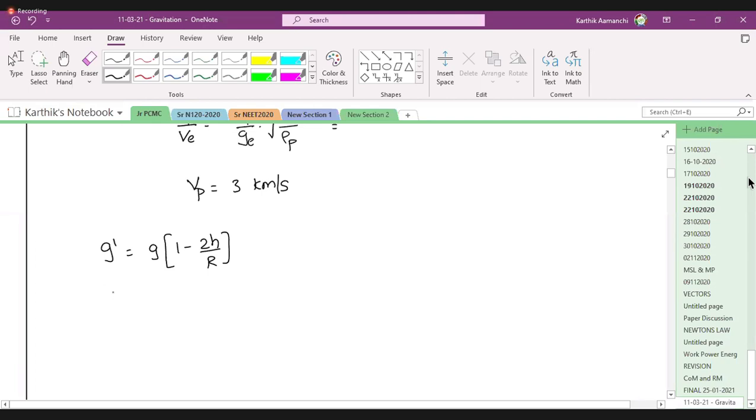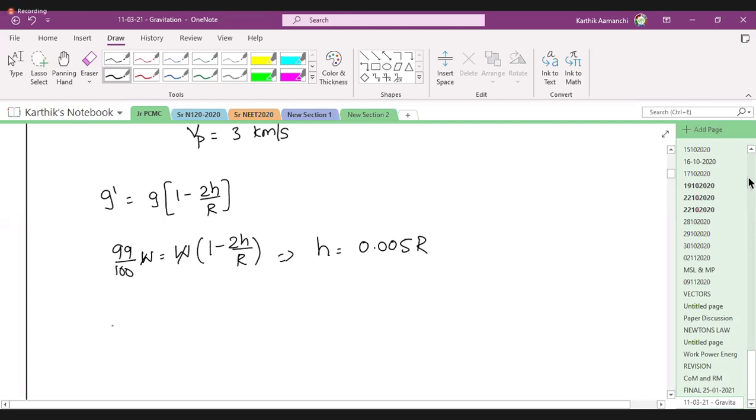So if I take mg, this will become 99 by 100 of weight. Weight into 1 minus 2h by R, so 1 by 100, 0.02. So h is equal to 0.005 times the radius, right?